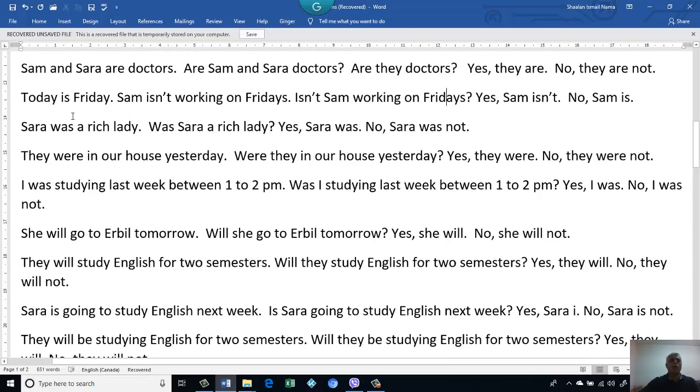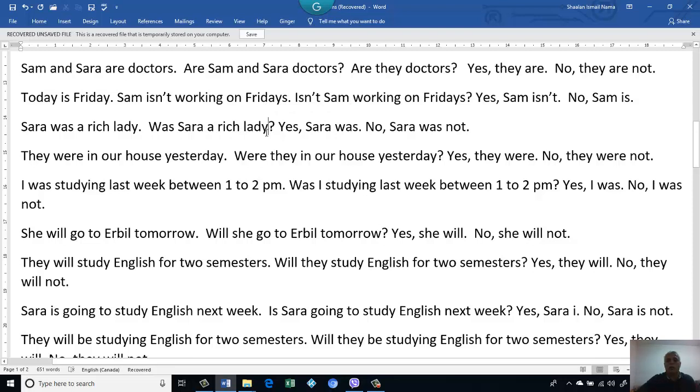If we have sentences in the past, we say, Sarah was a rich lady. Maybe a couple of years ago, Sarah was rich, but maybe now she's not rich. Then we're going to take the auxiliary verb was and put it in front of the subject, then my subject, then the rest of the sentence.